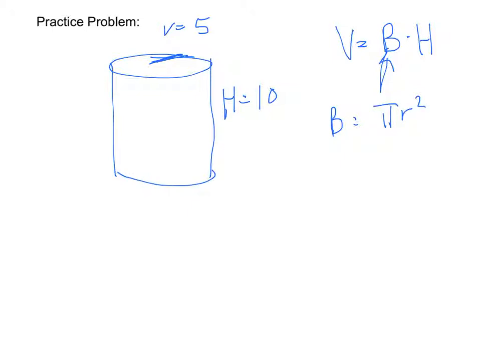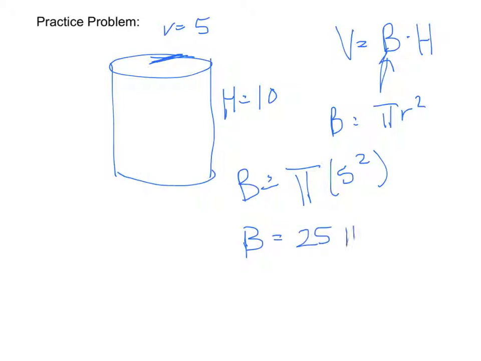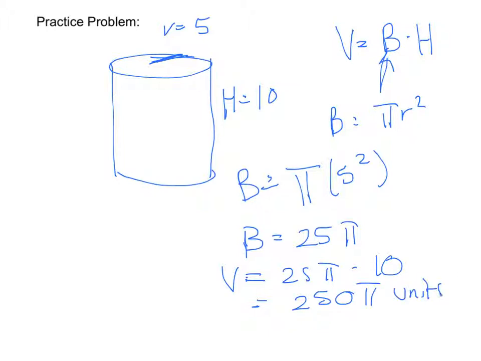So we can find that. So base equals pi times 5 squared. So that's going to be 25 pi, and then times the height of 10, you're going to end up with 250 pi, and that's going to be units cubed.